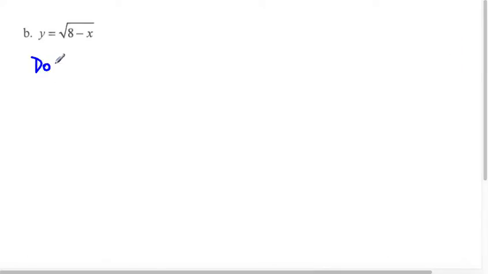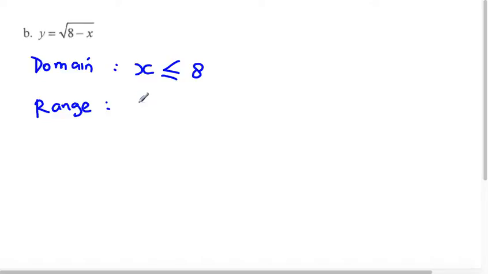The domain of this function is anything less than 8, or 8 itself, so 8 or below. So how do we write that? We say the value of x can be anything lower than or equal to 8, not more than that. And what is the range?